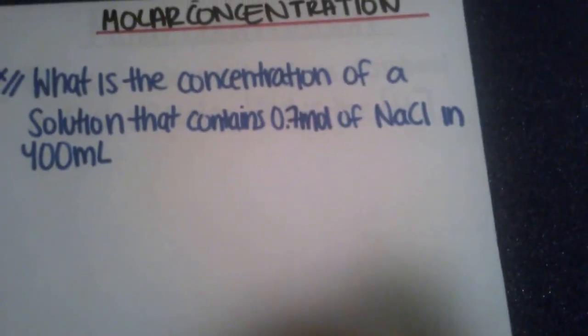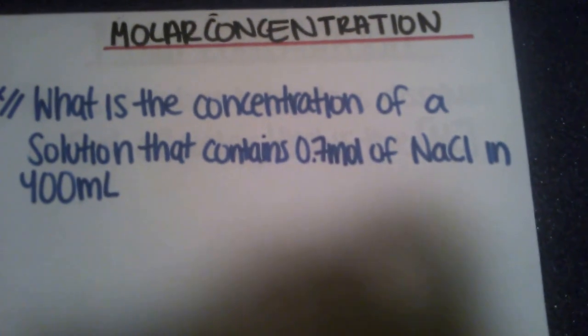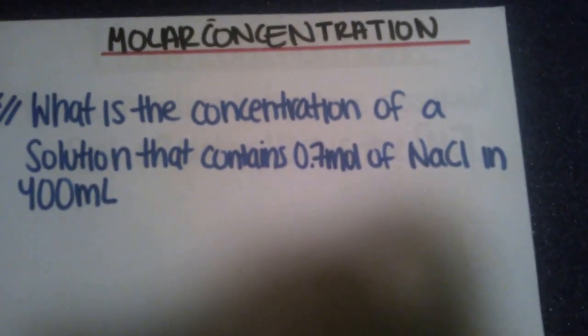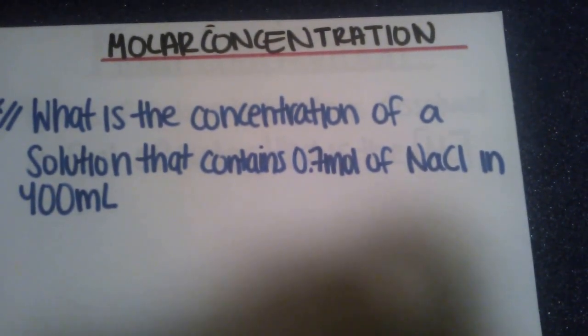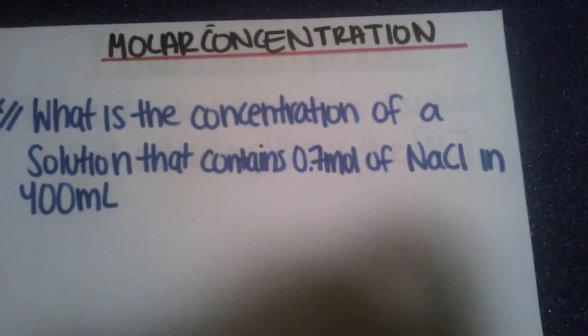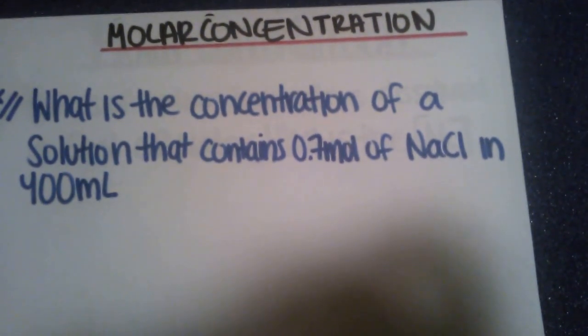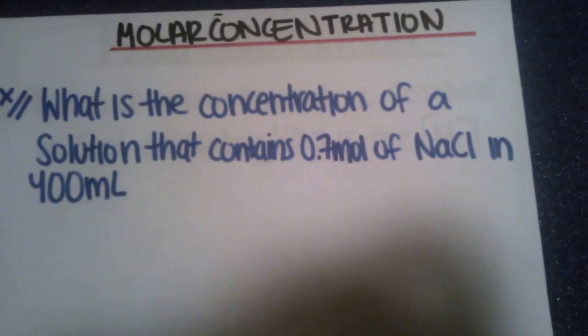So the first example is, what is the concentration of a solution that contains 0.7 moles of sodium chloride in 400 milliliters? So first, let's write out our equation.